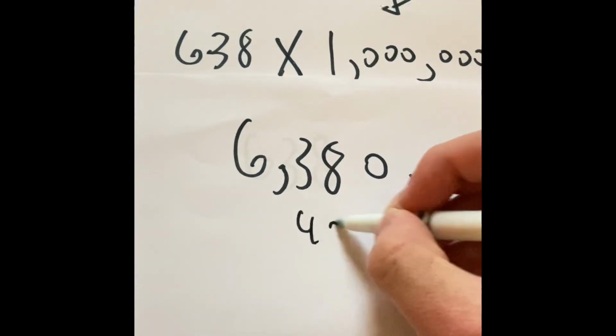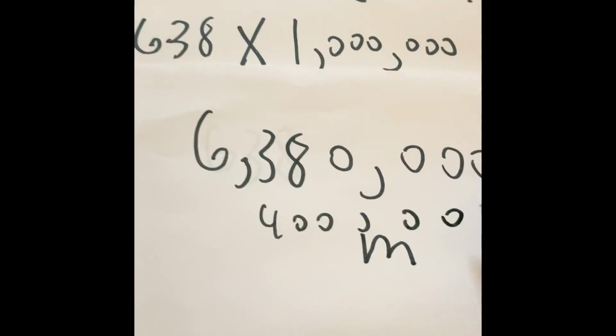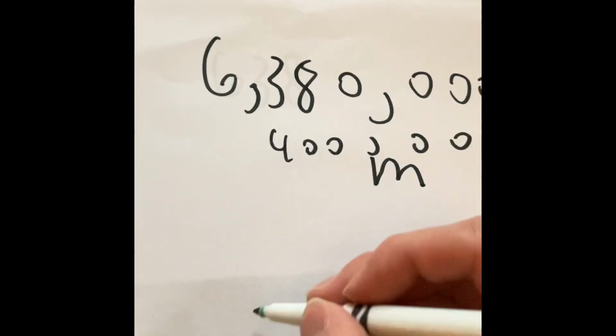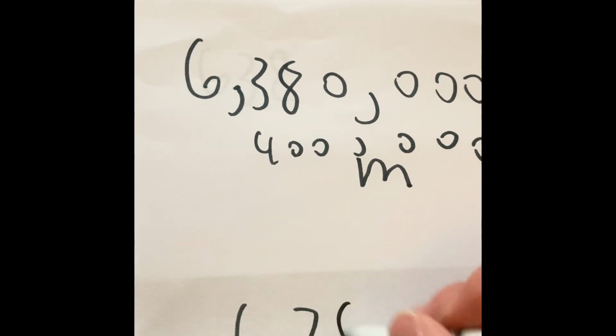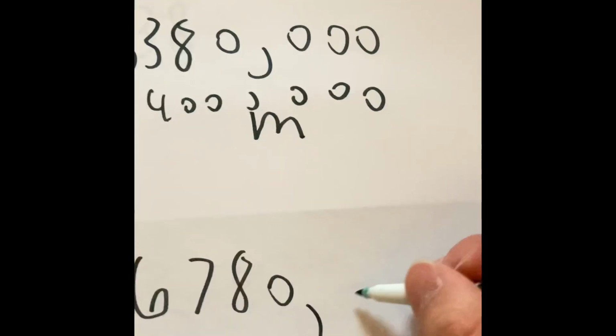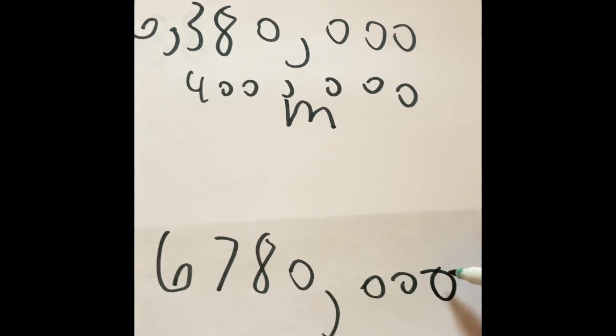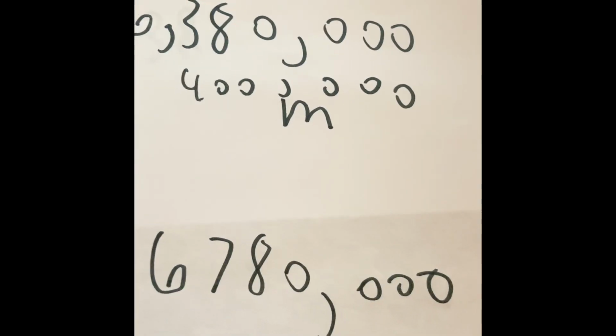When we add the two, 6,380,000 plus 400,000, we get 6,780,000. Wow! So that is the distance between the space station and the center of the Earth's core. The really center, and that's the distance between the two.